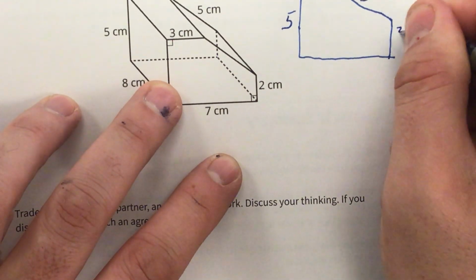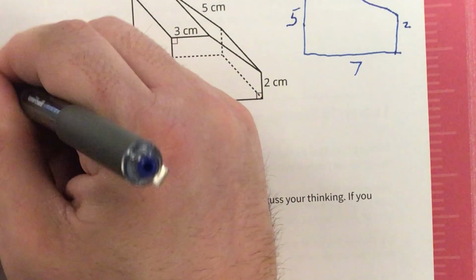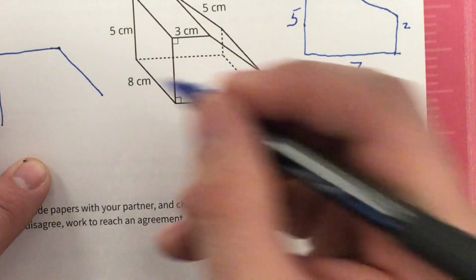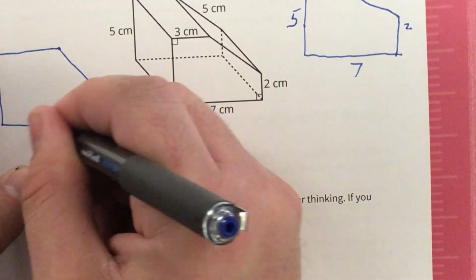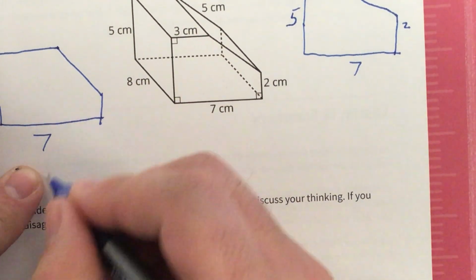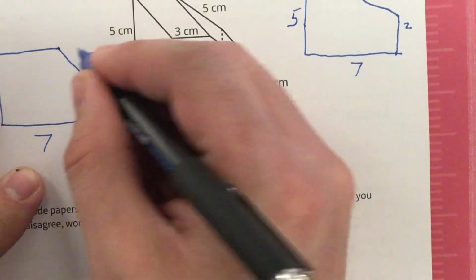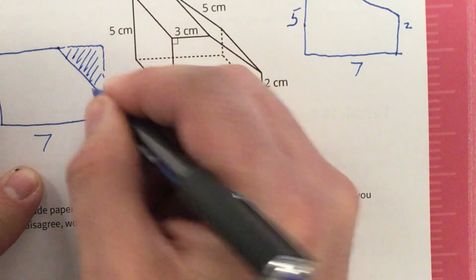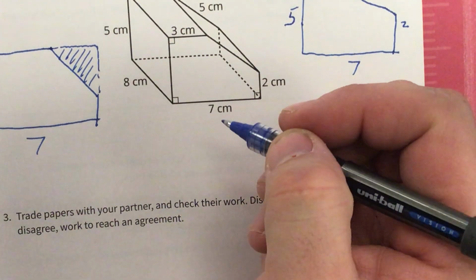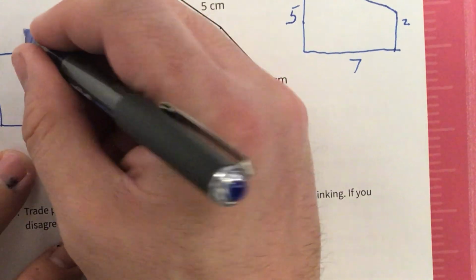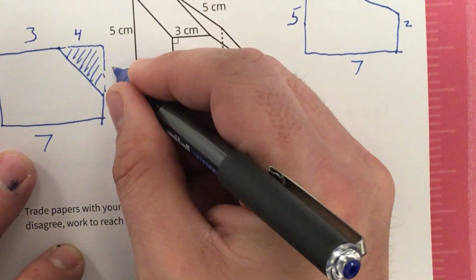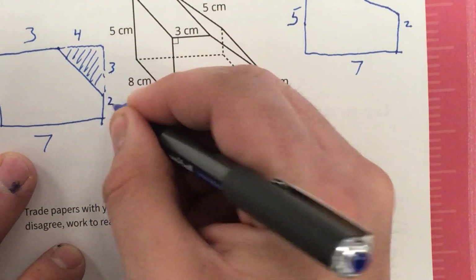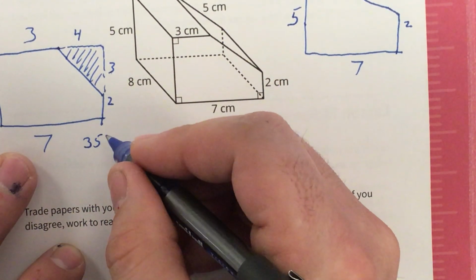I got 154. I got 170. I got 234. Wait, what's the top and the bottom? Wait, so this is the bottom, and this is the top, right?